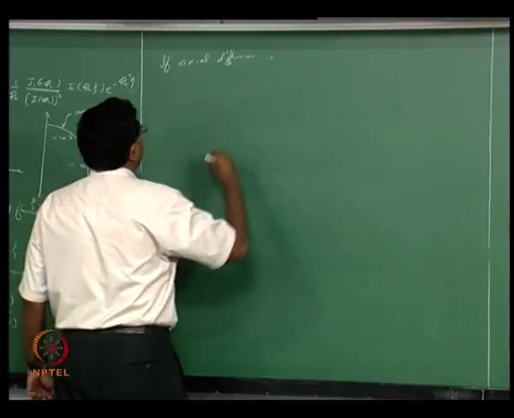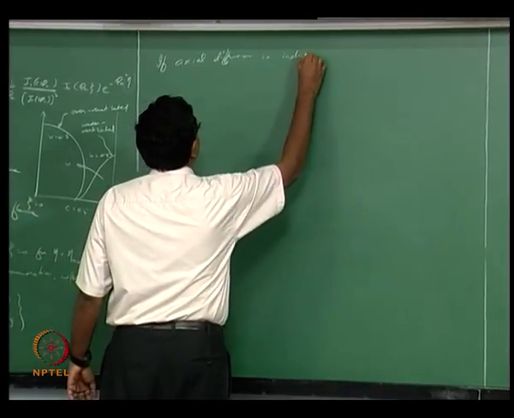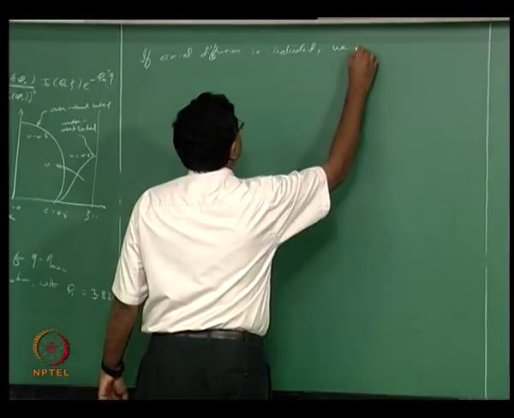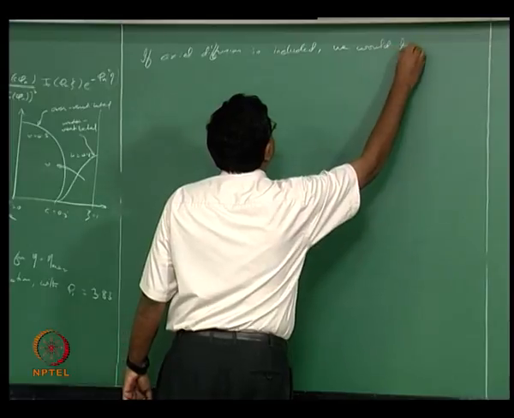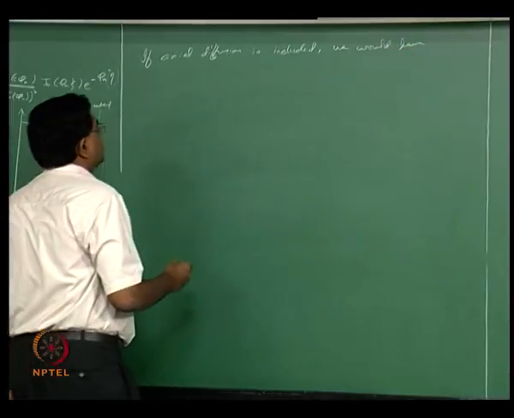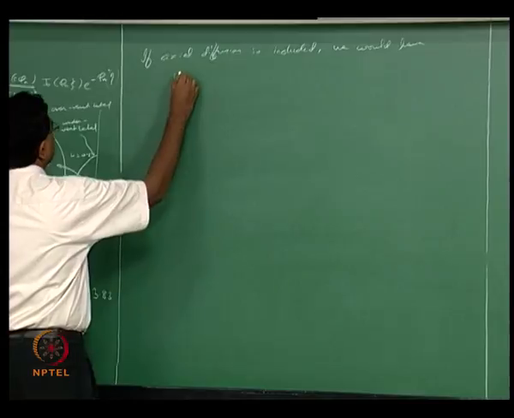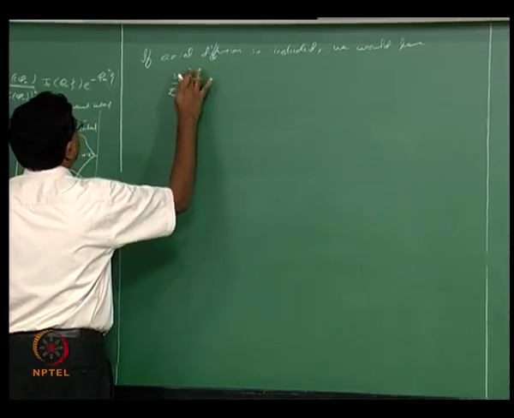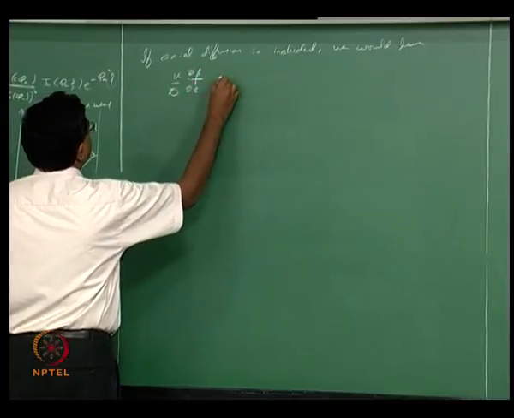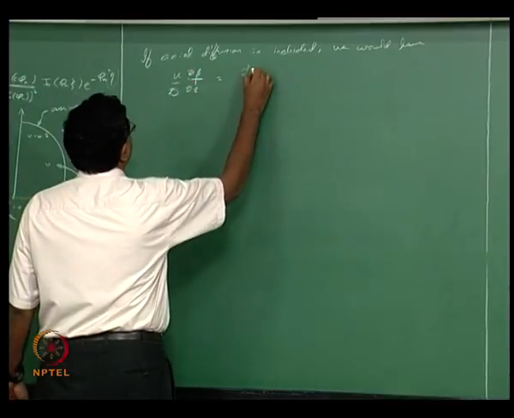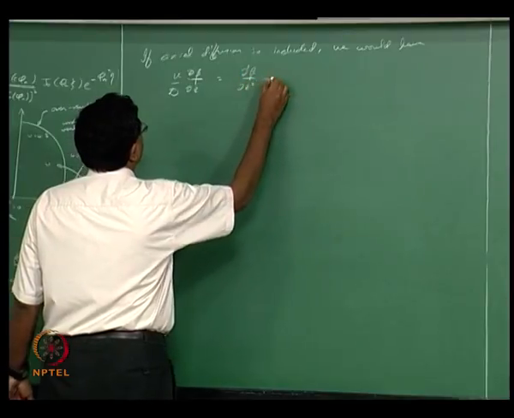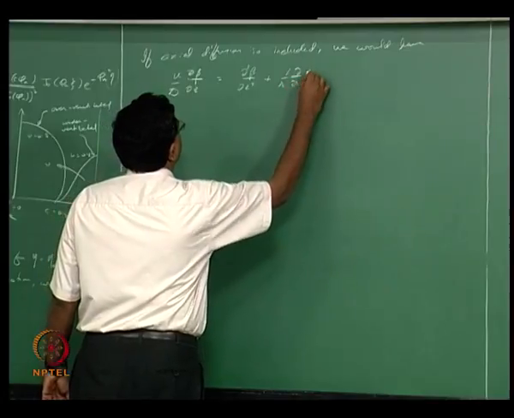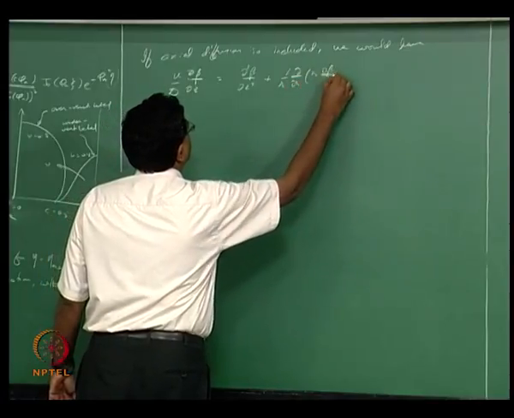Diffusion is included rather than neglected, right. We would have U over D dou beta by dou z equal to dou squared beta by dou z squared plus 1 over r dou by dou r of r dou beta by dou r.